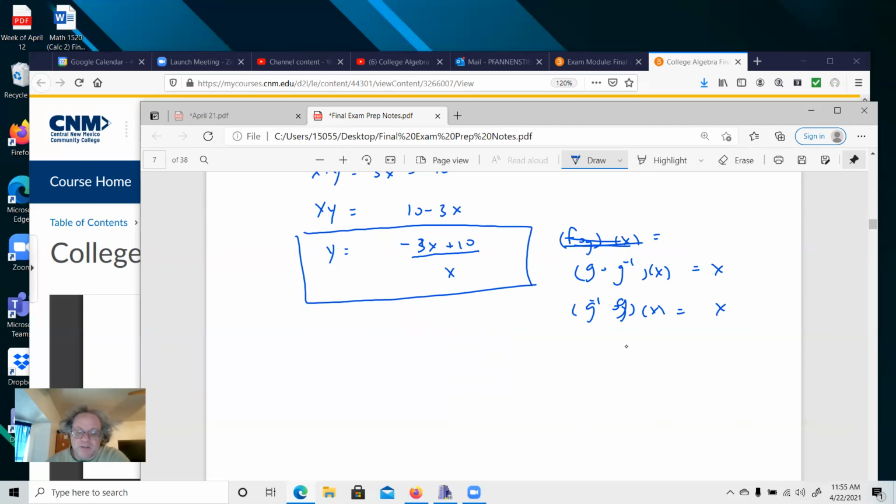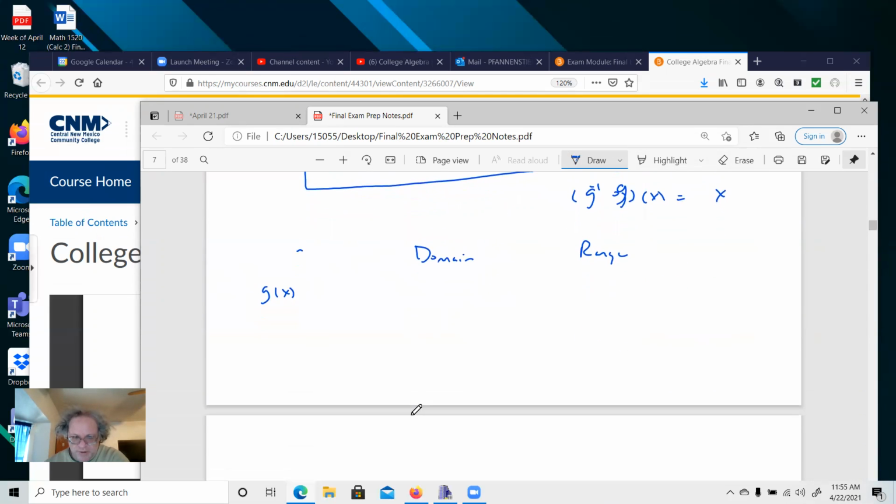But let's take a look at the domain and range for g of x. Let's move this off to the side here. We'll say our domain over here and our range, and then we'll check it for g inverse.